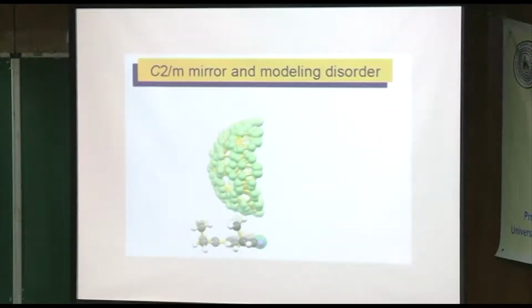Okay, so Brandon made these pictures, but I think they display what's going on pretty well. You look at your difference map, and what you get is this mess here, because the asymmetric unit is actually just half of the fullerene, and it looks like all of the carbons are just on top of each other.